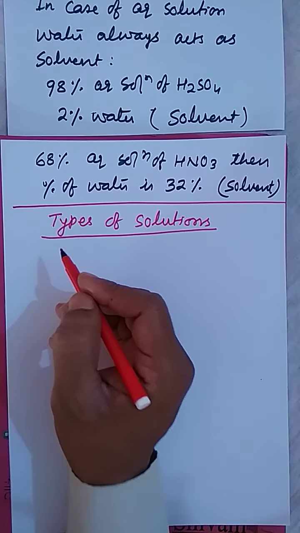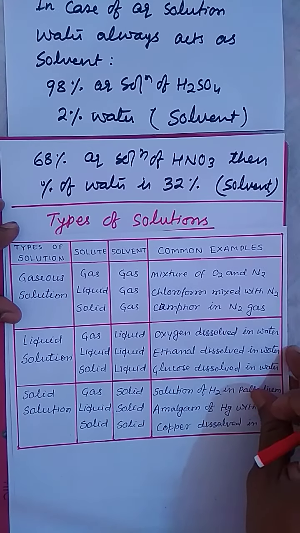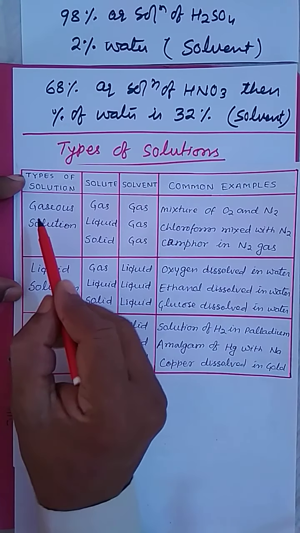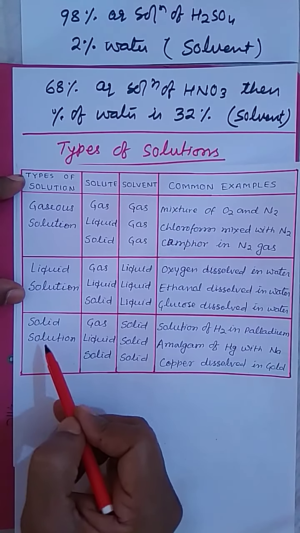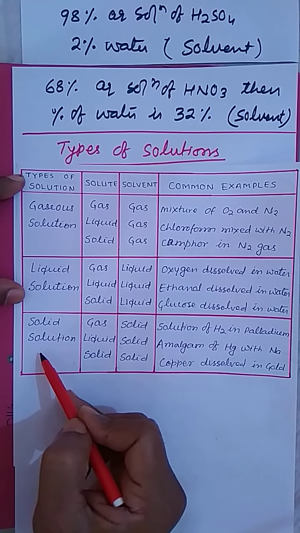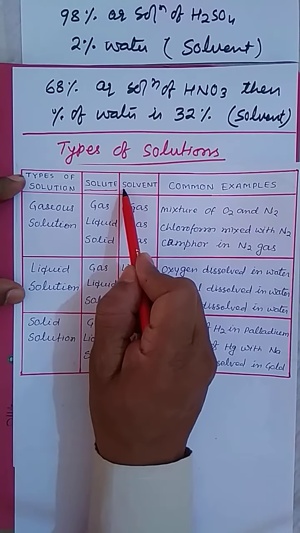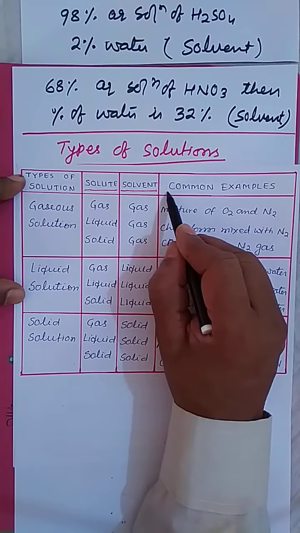On the basis of that, you see here types of solution. First one is gaseous solution, second is liquid solution, third one is solid solution. Here we write solute and solvent, and a common example is there.